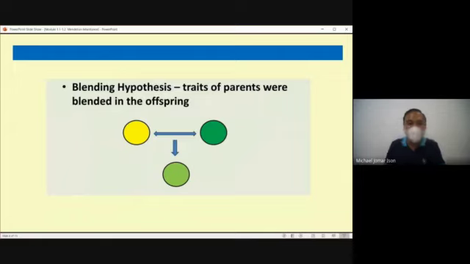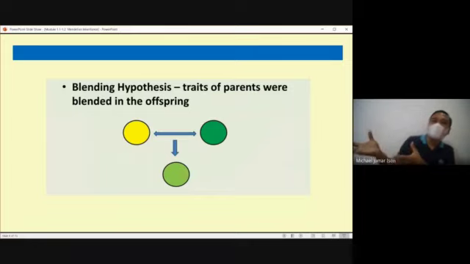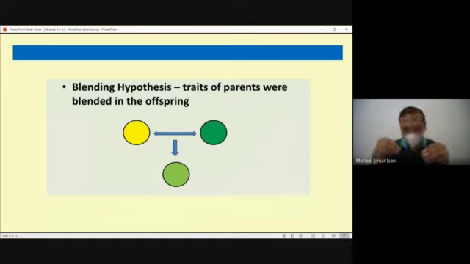On the other hand, there's the blending hypothesis, which was believed by many people at that time. It says that the characteristics of the mother and the characteristics of the father simply blend together, just like liquids being blended together, as it produces the offspring.